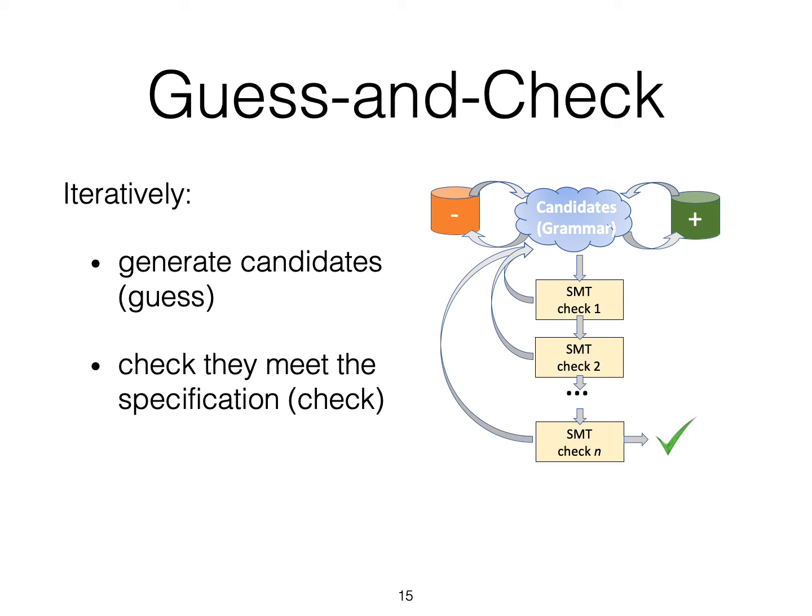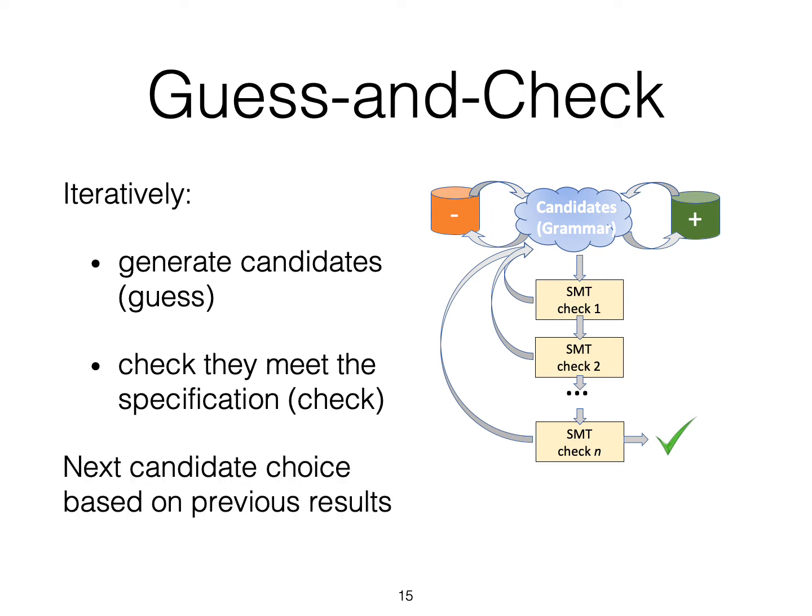If a candidate does meet the specification, it becomes a positive example, or else it becomes a negative example, and the next choice of candidate is influenced by the previous successes and failures of the previous candidates, and this lets us avoid doing some redundant work.